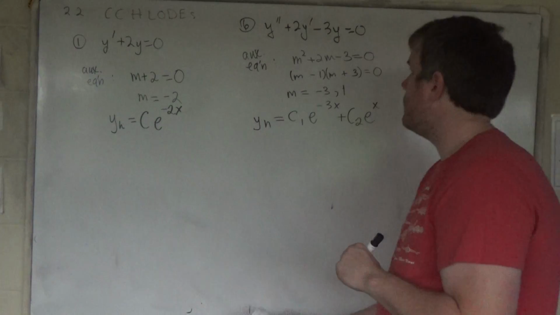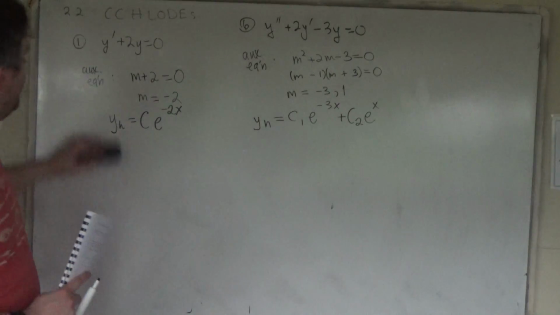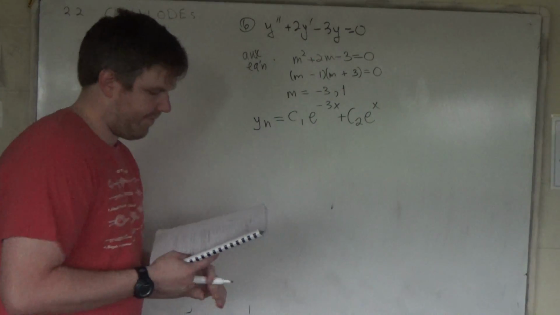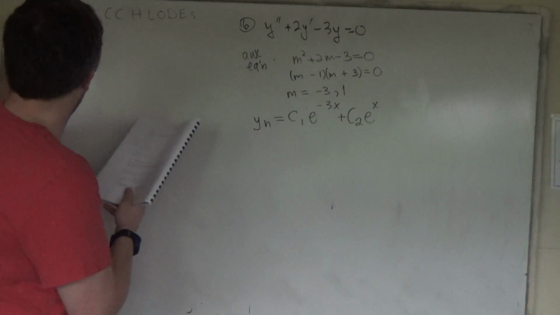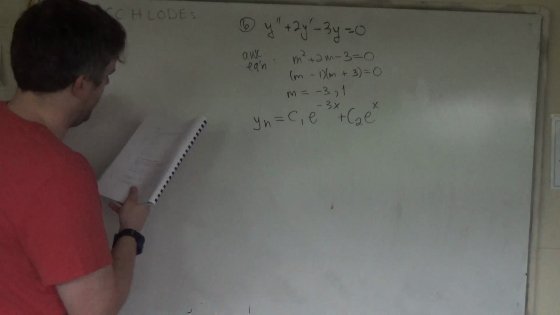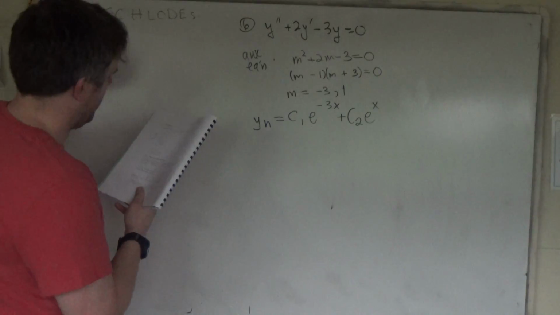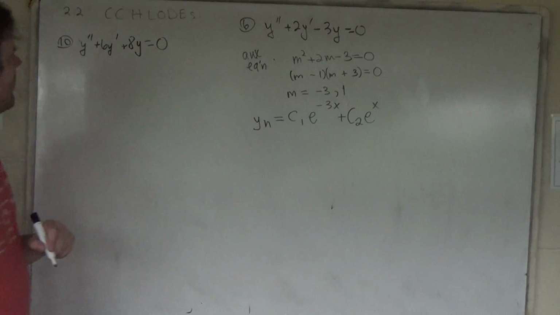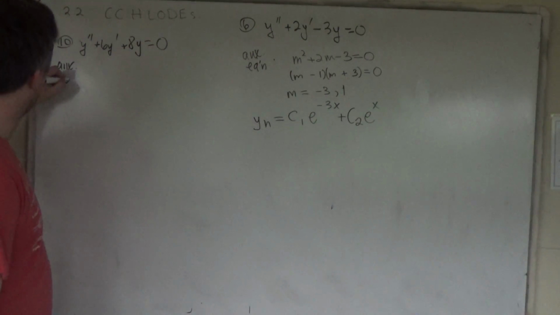Okay, well, let's try another one. I'm going to erase our first order problem. Imagine we have something like number 10, which is y double prime plus 6y prime plus 8y equals 0. Again, we write out our auxiliary equation.